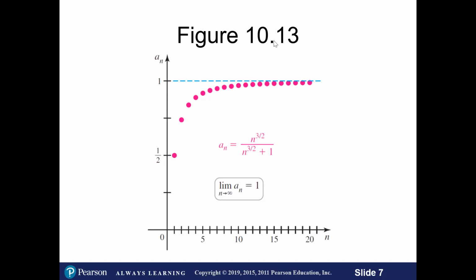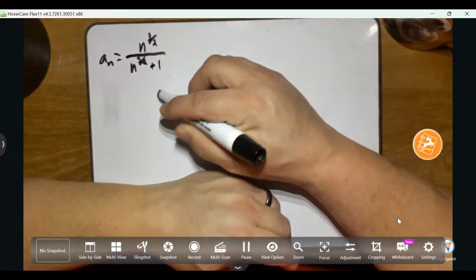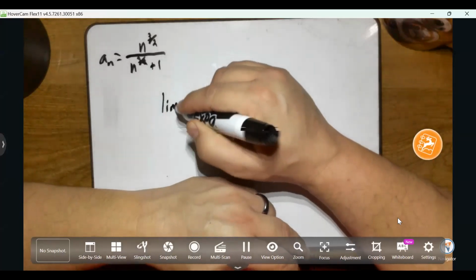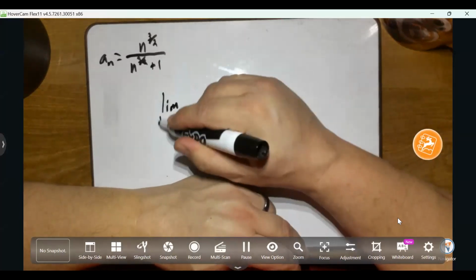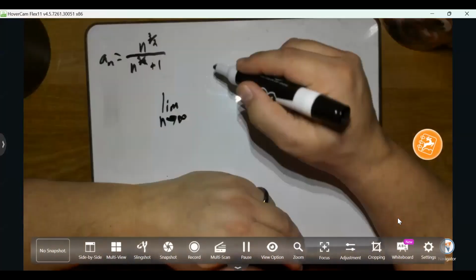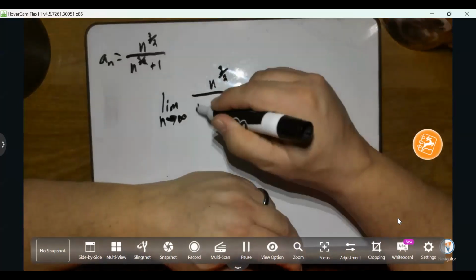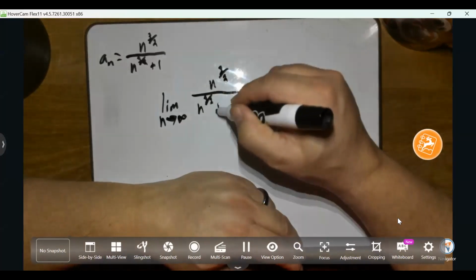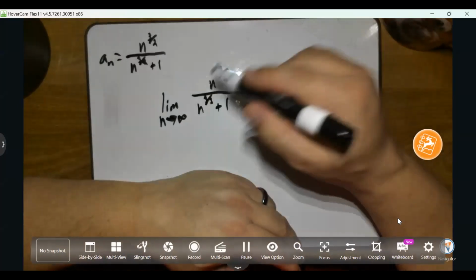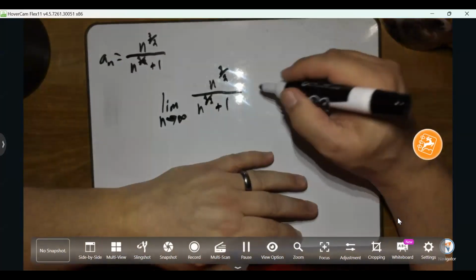And so if we go and take the limit here as n goes to infinity, we want to divide by the largest shared power of n.